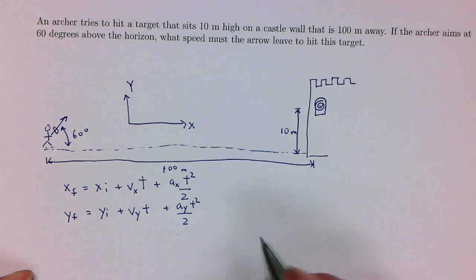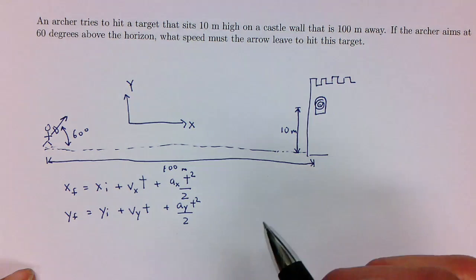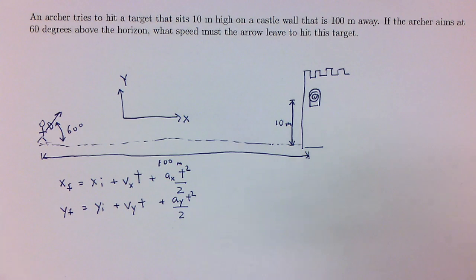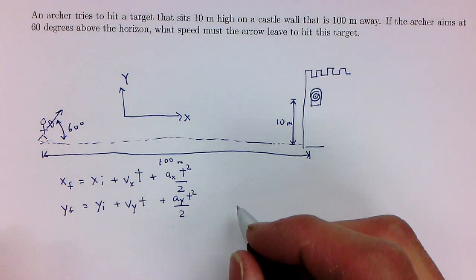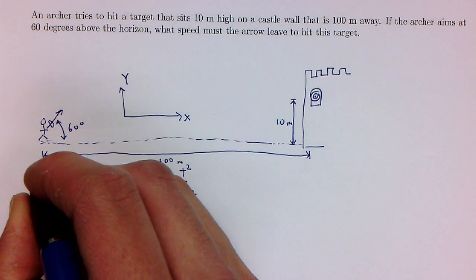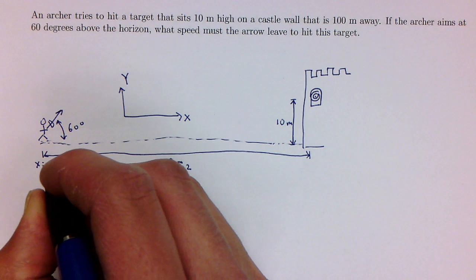Now, as I drew in this picture here, the archer is on Earth, right? So the important thing to realize is that there will be a force of gravity exerted upon this archer and upon any other target that sits in the system. So let's put down our positions. Our initial position here is x initial equals 0.